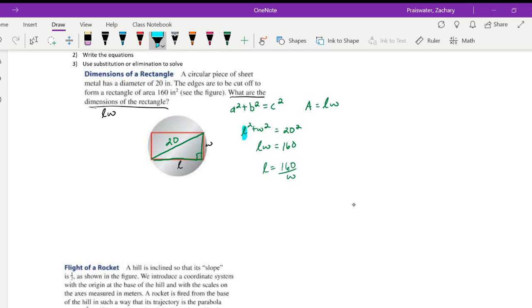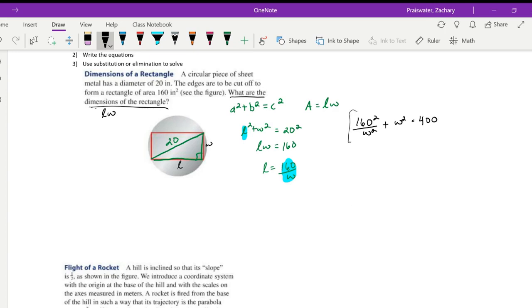Okay, so that means this guy and this guy are the same. So let's write 160 squared over w squared plus w squared is equal to 400. Okay, and then we have this equation where w squared's on bottom, so we have to get rid of that.